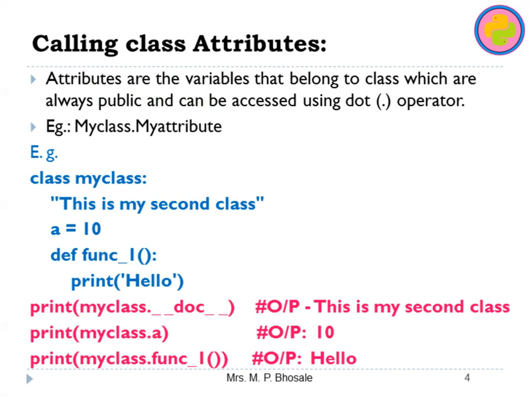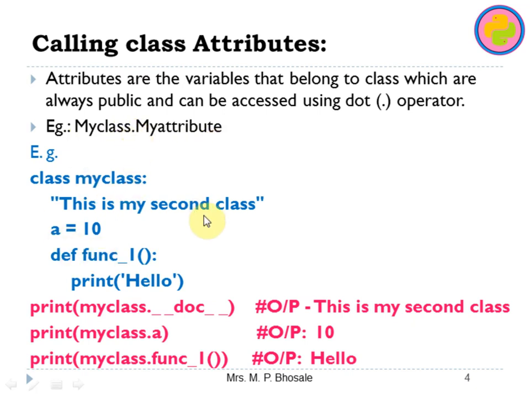Now here, as you can see, this is the my class keyword. My class is the name of class, and dot my attribute is the name of the class attribute that we want to call or use. So in between we have to use this dot operator.